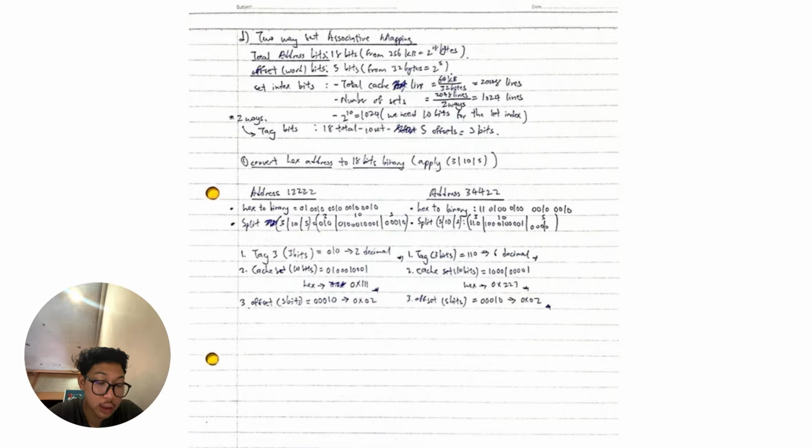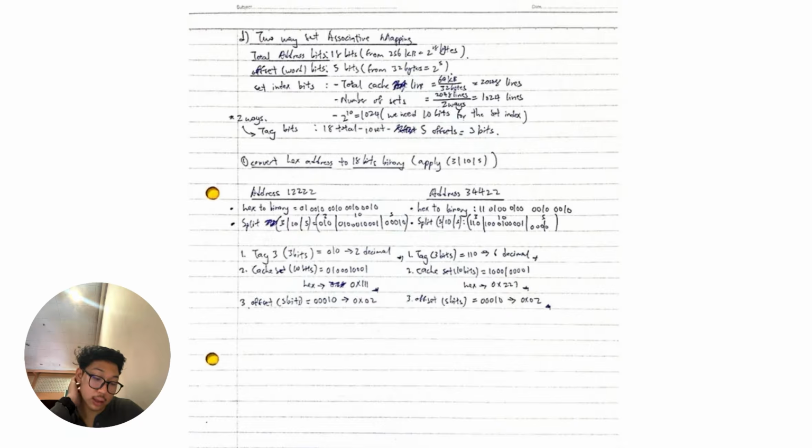Convert the hexadecimal address to 18-bit binary, applying the split of 3, 10, and 5. Address 12222, you get the binary that I've given there, and you split it with the split that we're going to use, 3, 10, 5. For the first one, the tag, the 3 bits, we get 2 in hexadecimal.